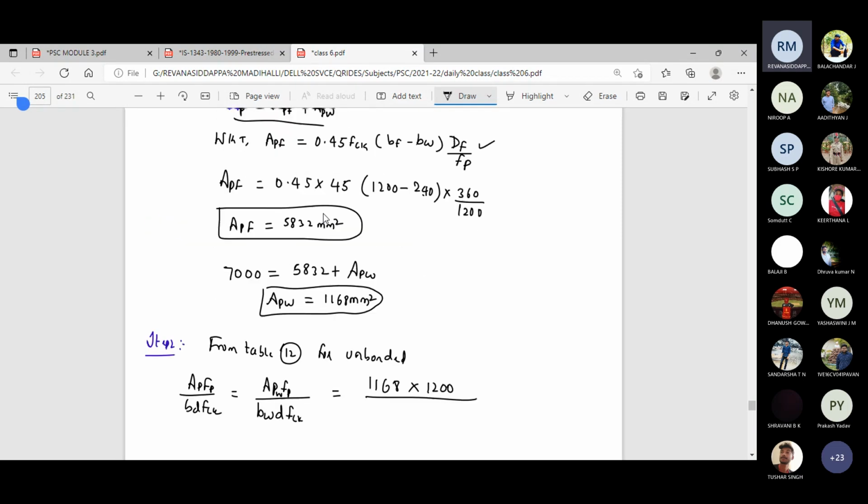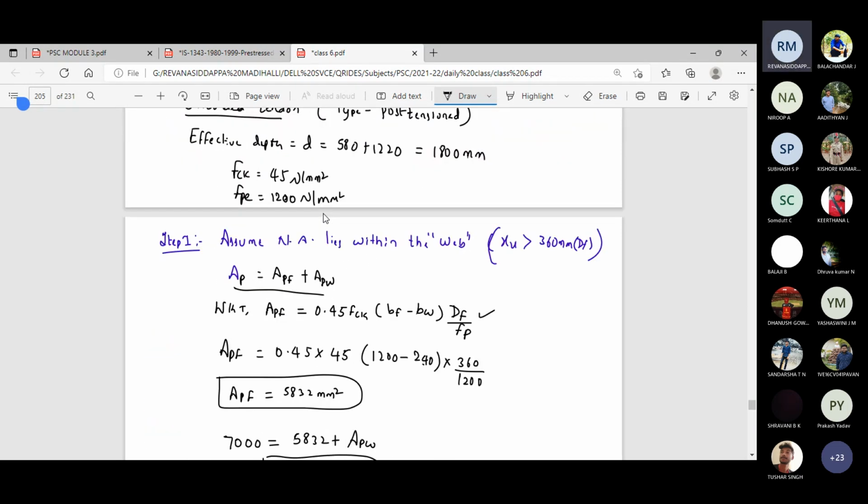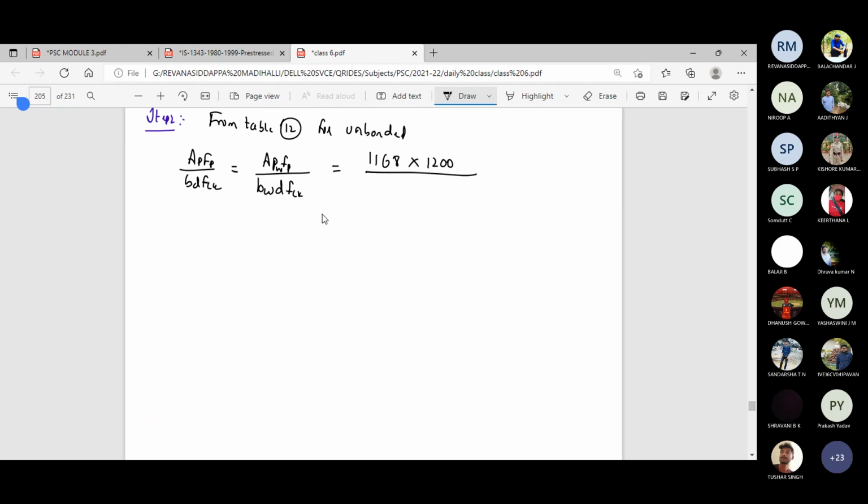BW, width of web, is 240, into effective depth 1800, into FCK given as 45. You will get this ratio as 0.072.